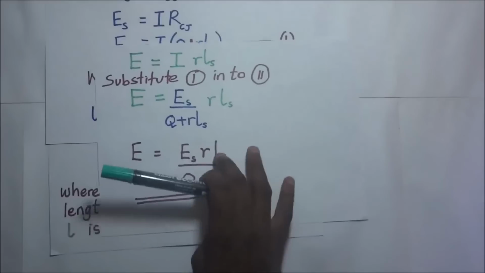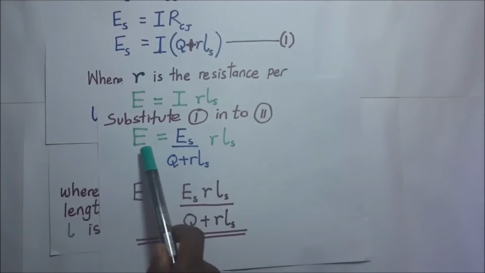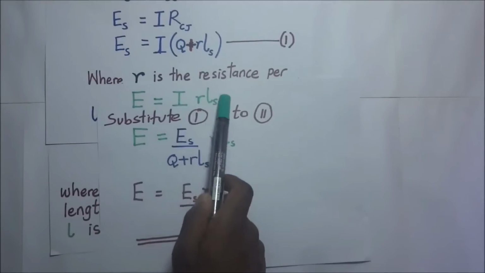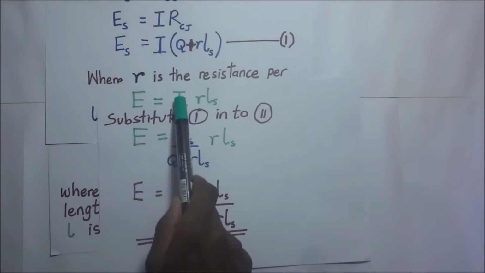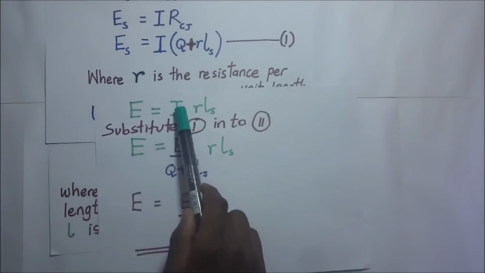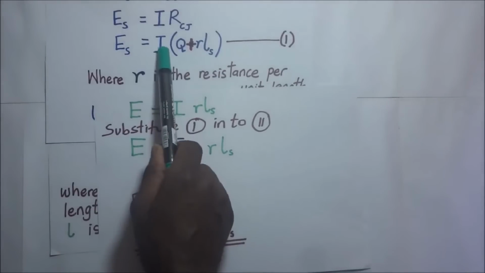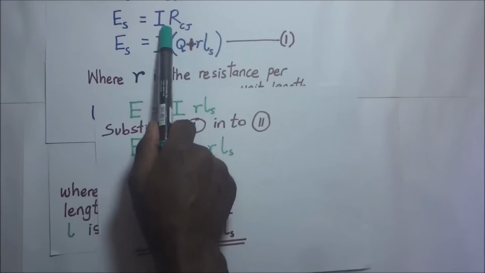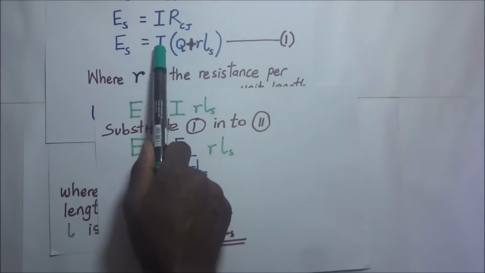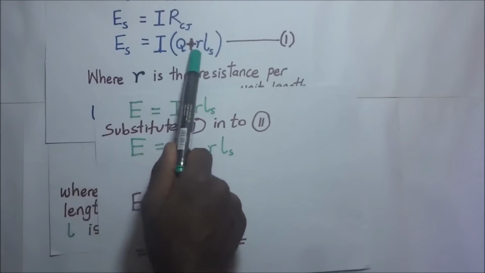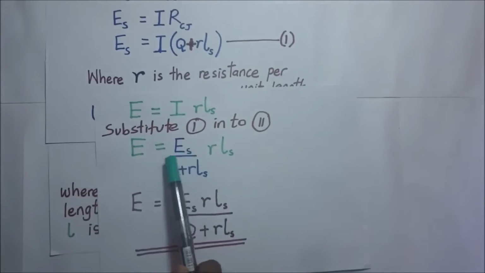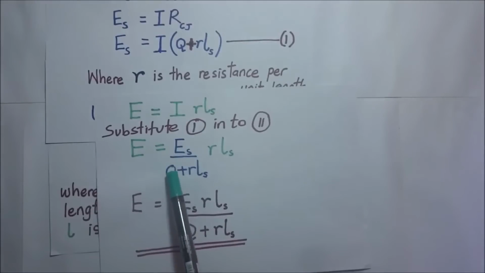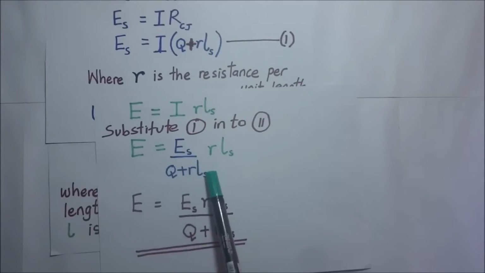We got E is equal to IRS. This is the second equation. So to substitute for the value of I, we make I the subject of the formula in the first equation, and we have I is going to be ES over Q plus RLS, which is what we've done here. It's going to be ES over Q plus RLS.